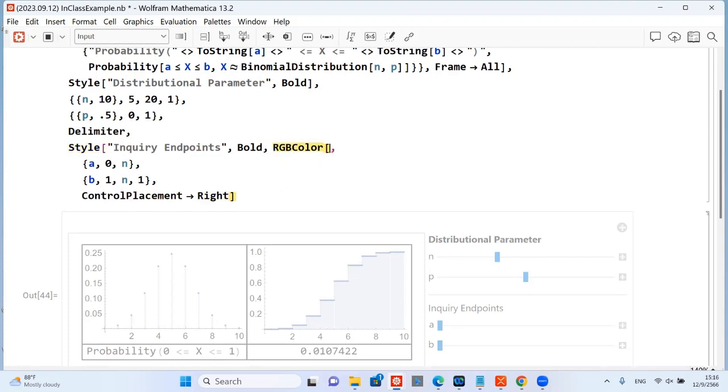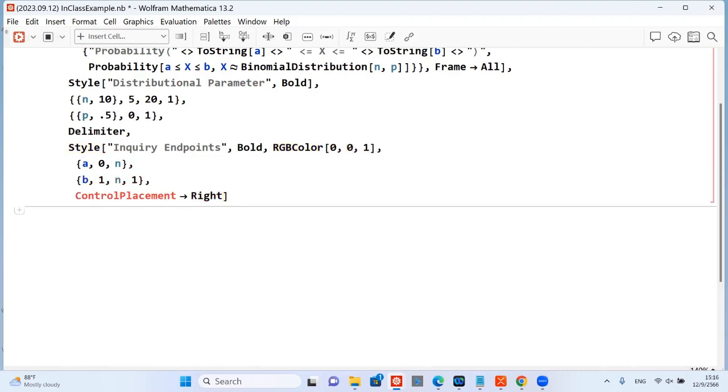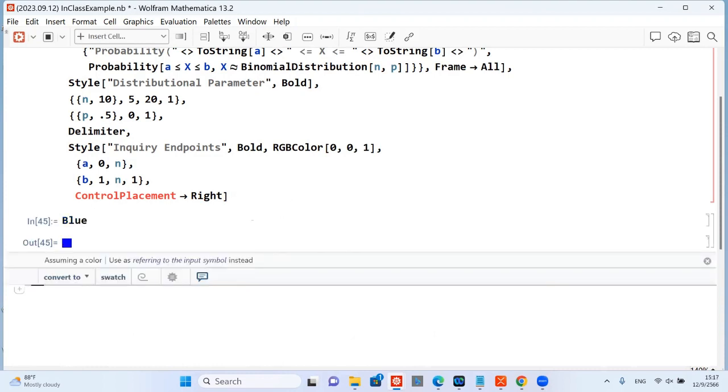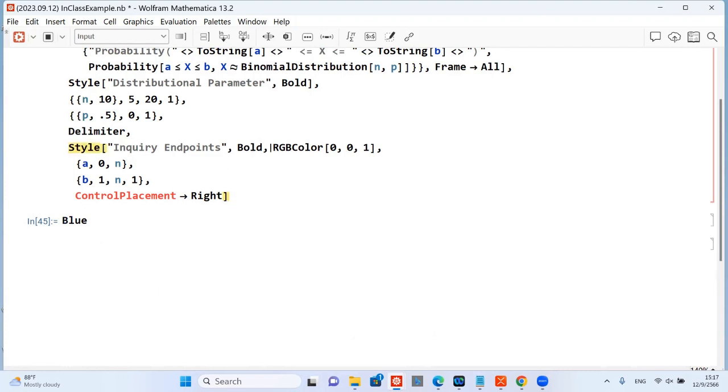Let's say red, green, blue, 0, 0, 1. Oops, does that work? All right. What is it? RGB color. Right. Okay, so let's do that.